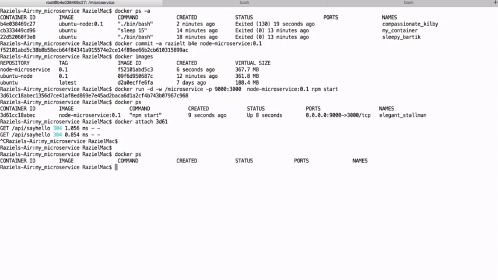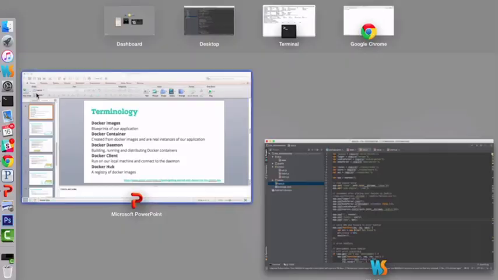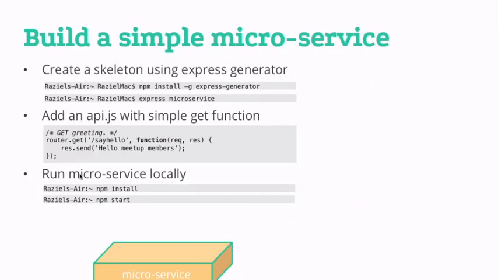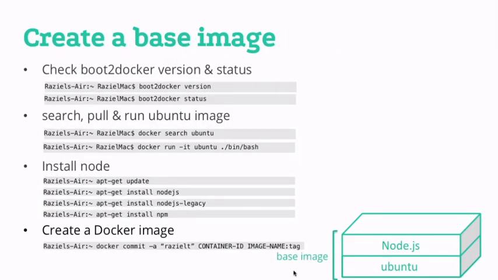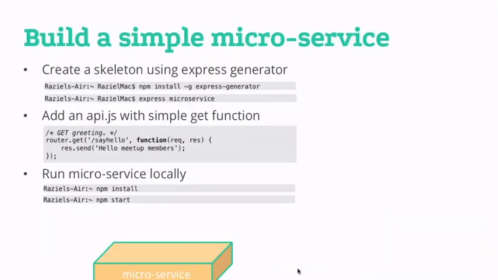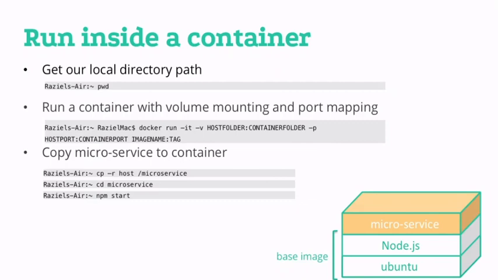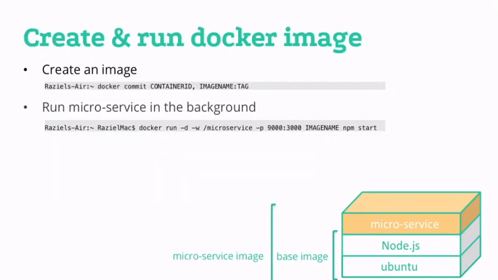Now if we run docker ps, we have no container running. We have created an image with our microservice in it. Let's recap. What we did so far is we created a base image with Ubuntu and NodeJS. Then we created a microservice. Then we copied that microservice inside the container.